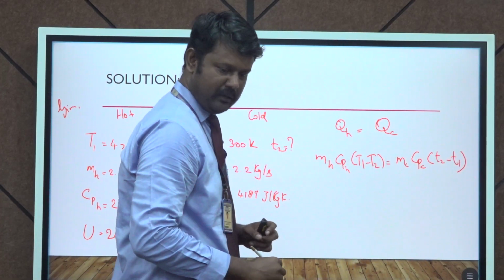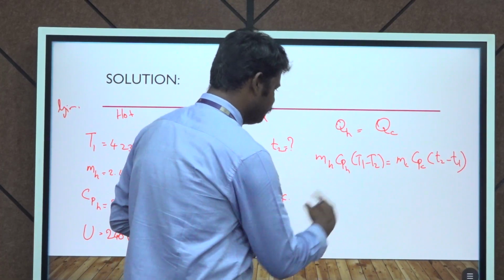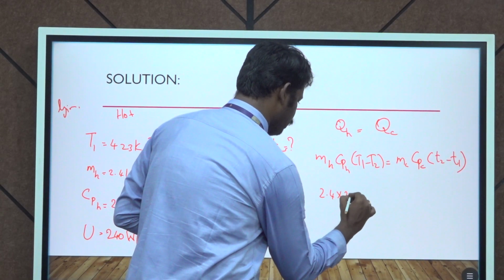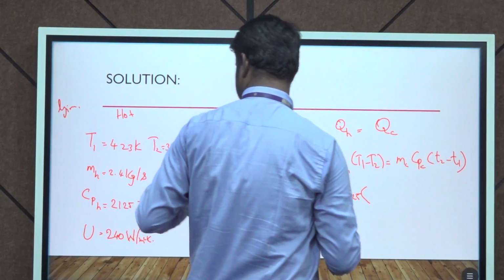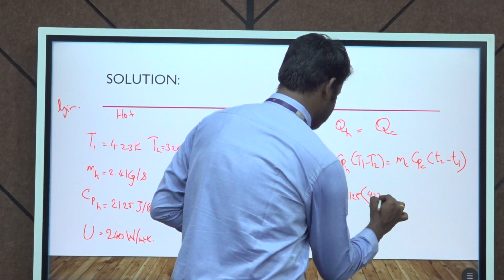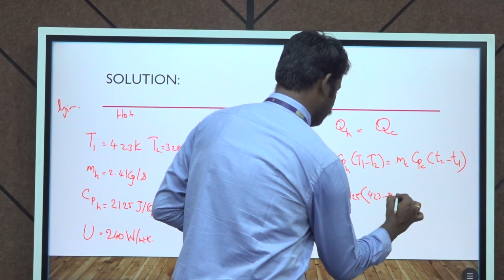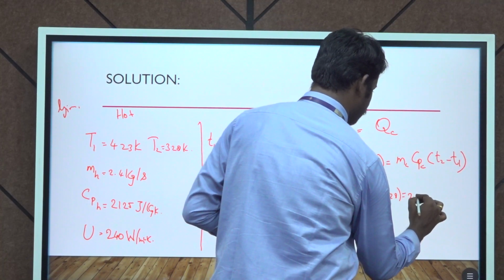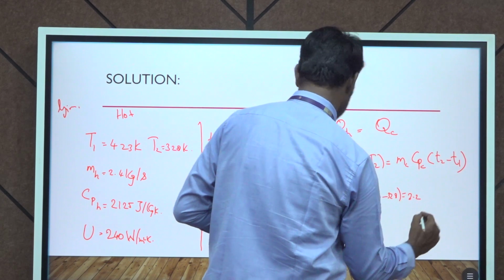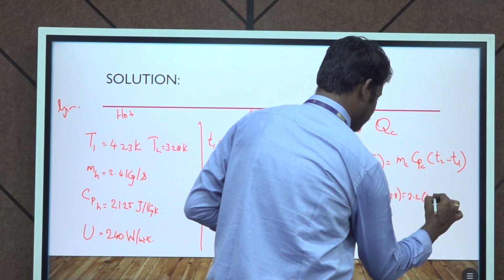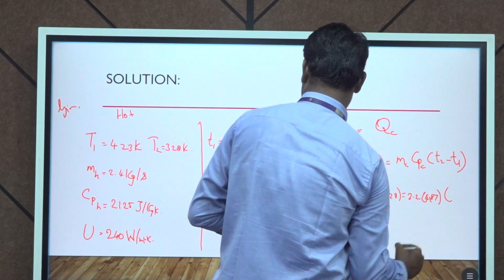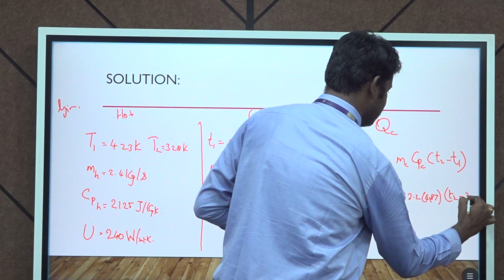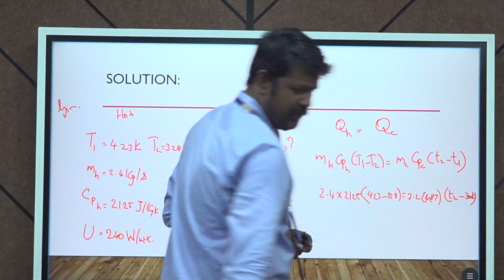Let us equate. When we equate these things, mH is 2.4 into 2125 into (423 minus 328) will be equal to mc is 2.2, Cpc is 4187 and (T2 minus T1) is T2 minus 300 Kelvin.